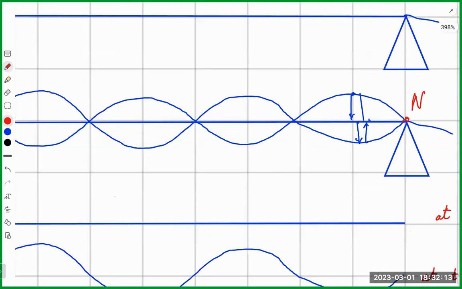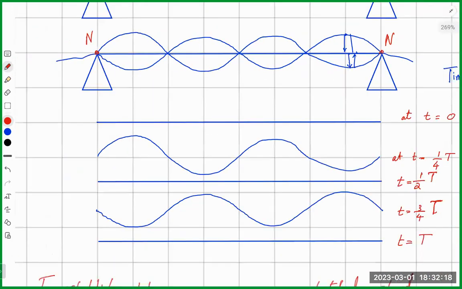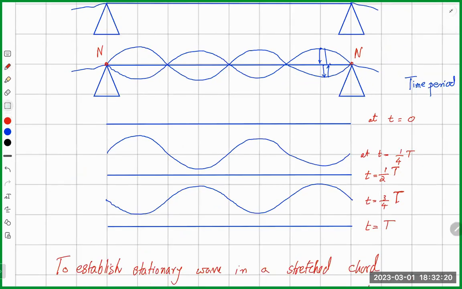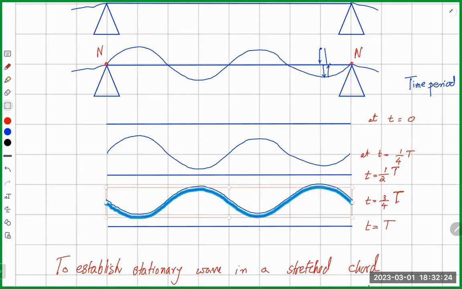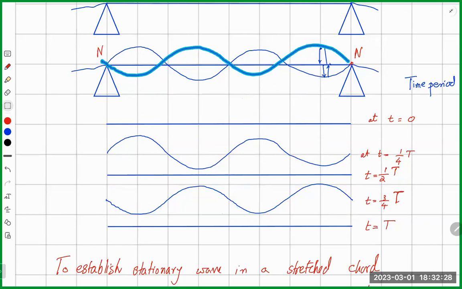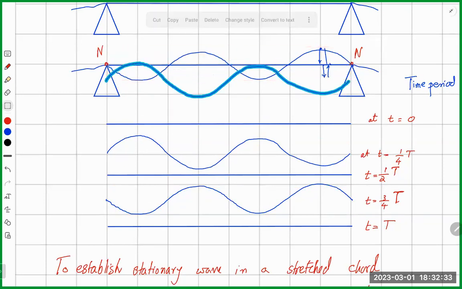But what happens is we see these situations one after the other. These lines are actually taken from the diagram above. For example, look, this is the same wave. Similarly, this is the same wave.